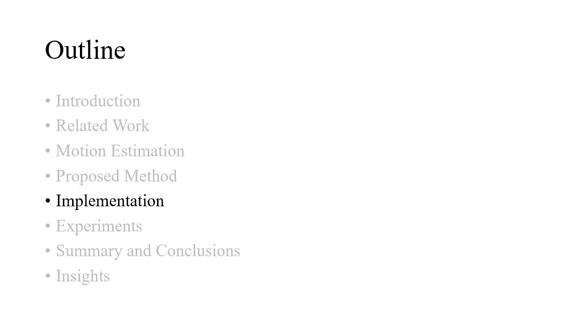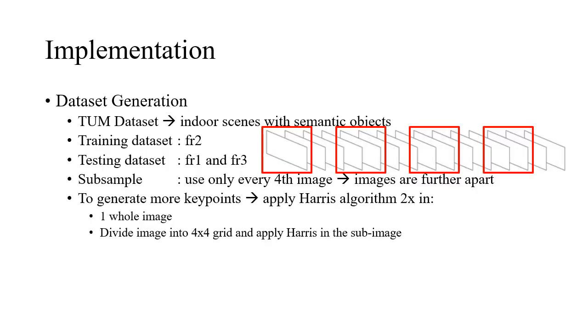Now we'll go to the implementation details. To generate the dataset, it uses the TUM dataset, which has indoor scenes with semantic information. For the training part, it uses the dataset with FR2 prefix, and for the testing dataset, it uses FR1 and FR3 prefix to ensure there is no overlap.